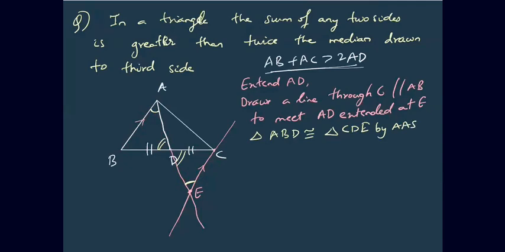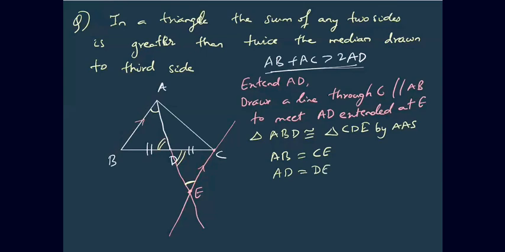Now I can say that AB is equal to CE, because AB is the side opposite to this angle, and CE is also the side opposite to the same angle. Also, I can say that AD is equal to DE.